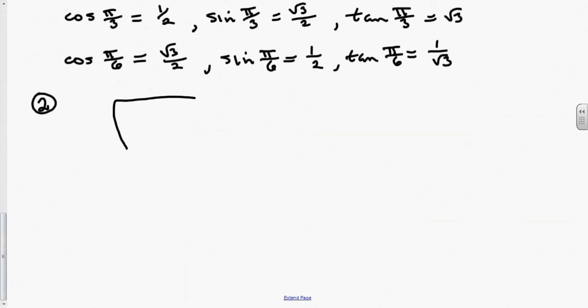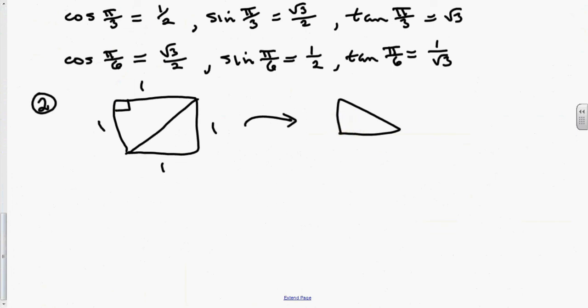Here, if I take a square, and let's fix all sides to be 1, bisect one of those angles, and so in doing that, if I just pull one of these triangles out, this is 1, this is 1, that angle there is 45 degrees or pi over 4.